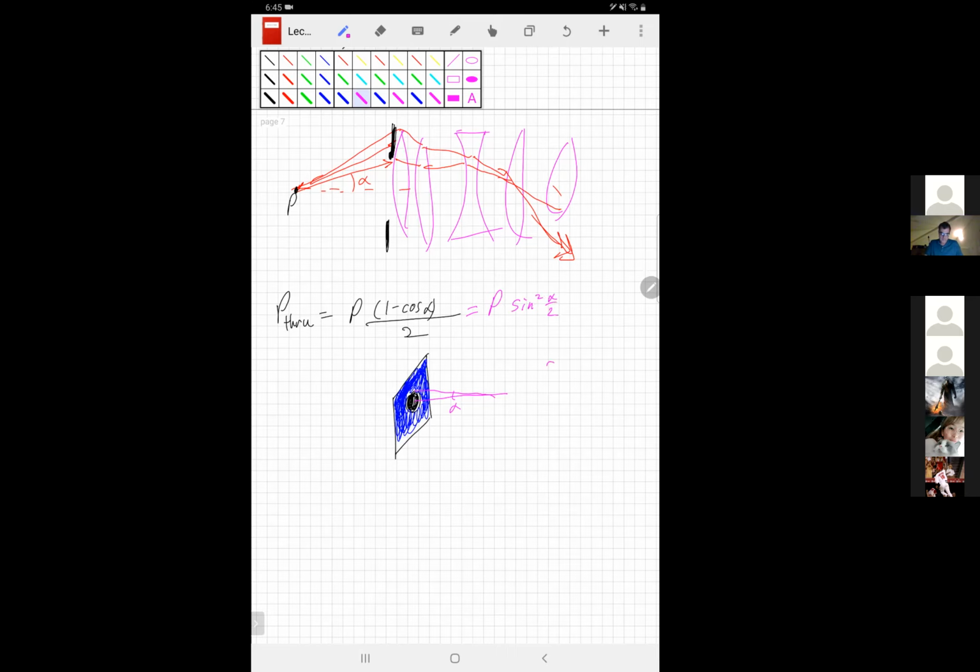Because sine squared theta is (1 minus cosine of 2 theta) over 2. All right. So if I replace theta with alpha over 2, I get (1 minus cosine of 2 times alpha over 2) divided by 2, and the 2 times alpha over 2 is just alpha.